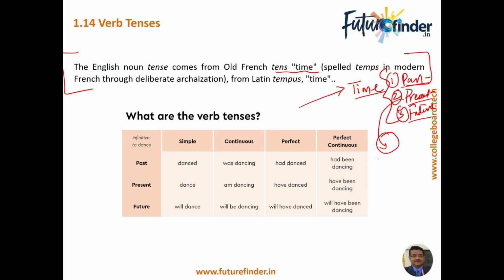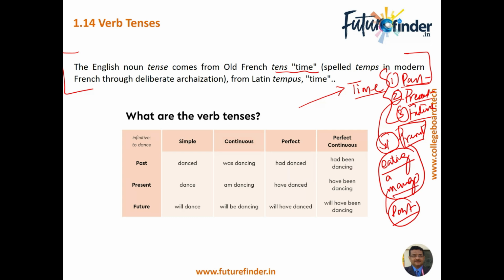Yes, it is in the present, but the action of eating a mango has already finished, right? So that makes it the past. So there's a confusion: either this is in the present, because it has happened just now, or it is in the past because the action has already been done.